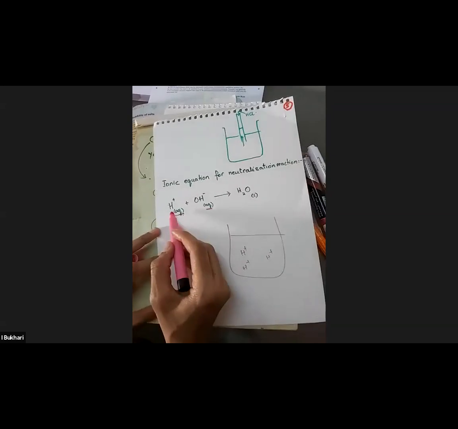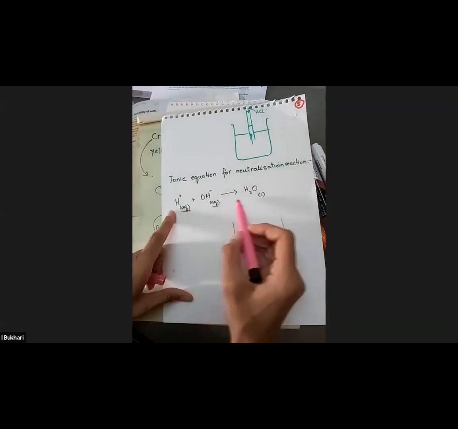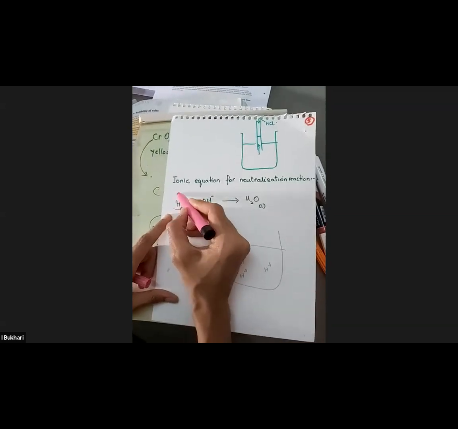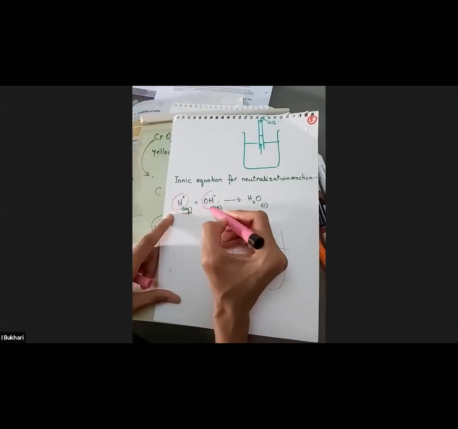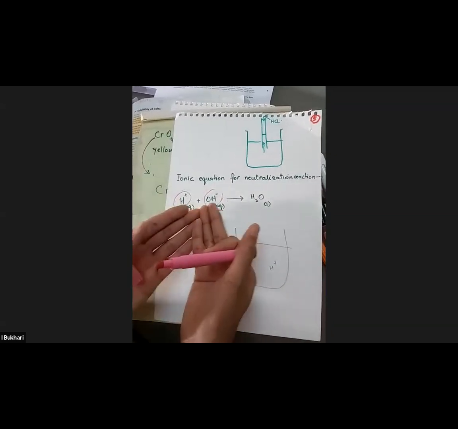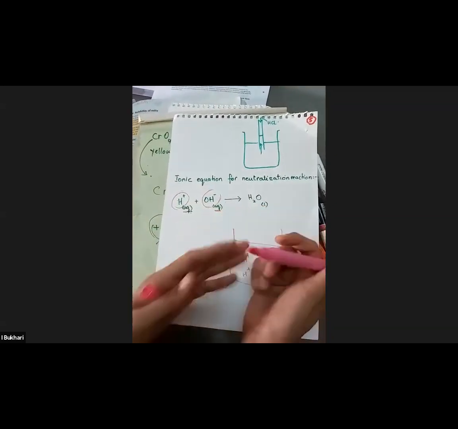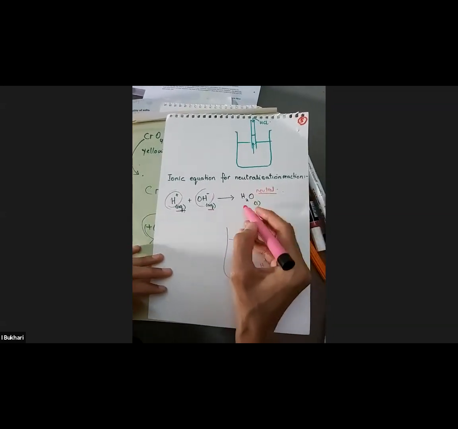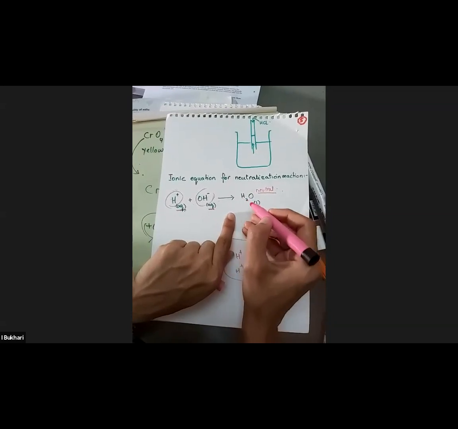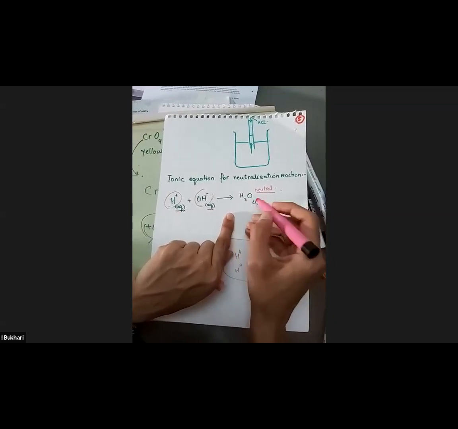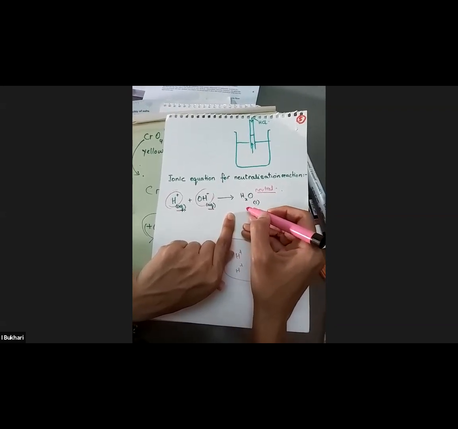Now, when the neutralization reaction is completed, we don't have any hydrogen ions or hydroxide ions left over because they have canceled each other out to form the neutral water molecule. Now, a water molecule is not charged. Pure water cannot conduct electricity.